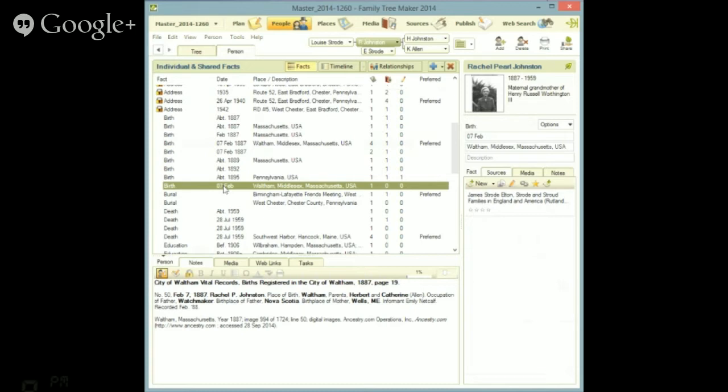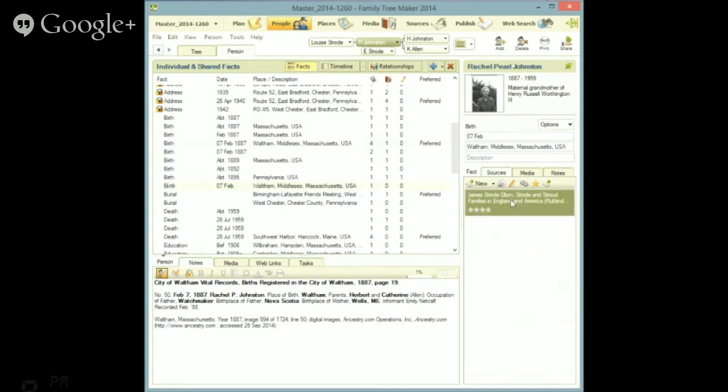Now, her notes are not here because they were associated with my grandfather, but I have cited this source that said February 7th in Waltham, Mass. That's what the book says. And there is the citation, and there's a pop-up window that tells me that that's the one I want.